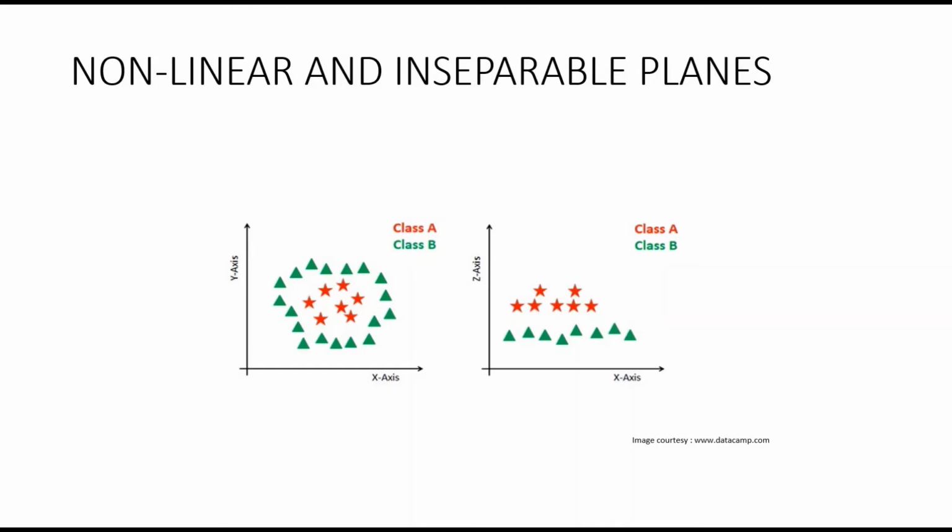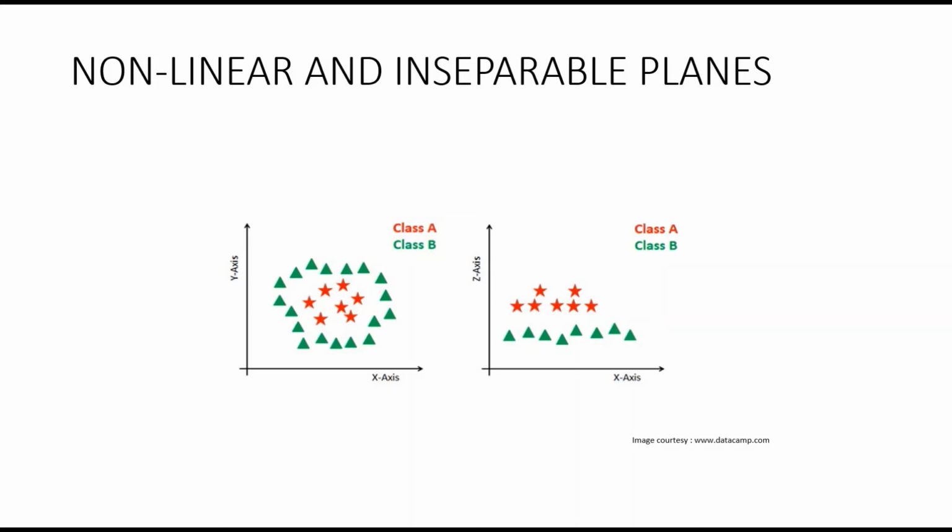Whatever we were discussing was a linear hyperplane. As shown in the figure on the left hand side, the linear hyperplane won't work. In such a situation, SVM uses a kernel trick to transform the input space to a higher dimensional space as shown on the right hand side.